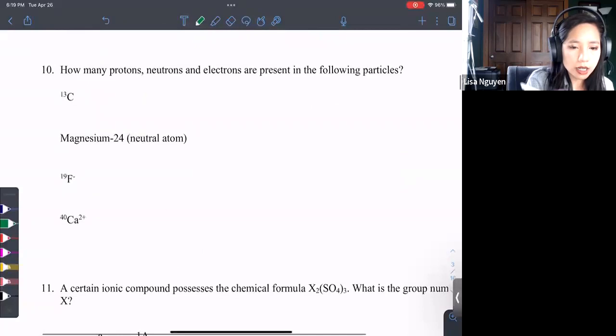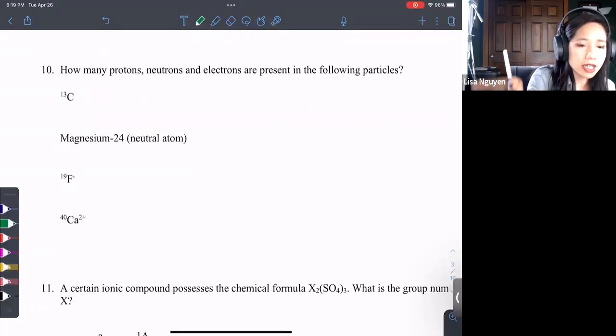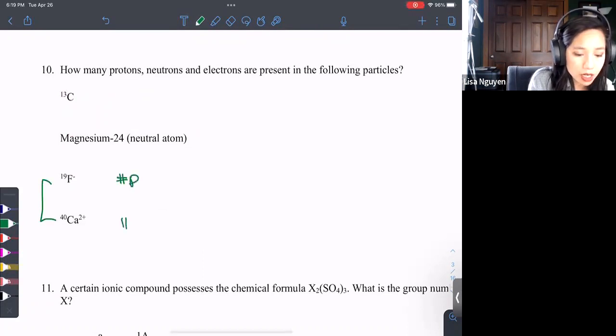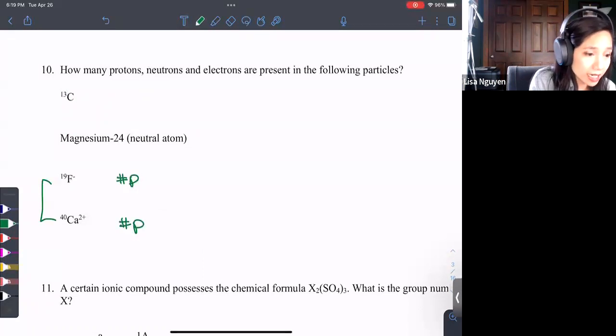Do you know the strategy that I have on the key, those 3 equations to help you navigate these? The first 2 that you see here are neutral, so the number of protons will be equal to the number of electrons, but not for the last 2. So we'll just do these 2 because they have a charge. I give you the elements here, so you should be able to identify that the number of protons is just related to what element it is.